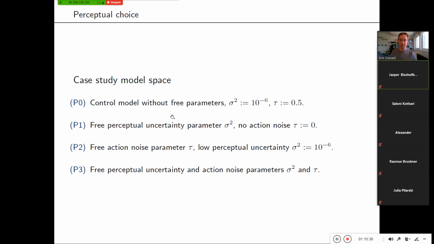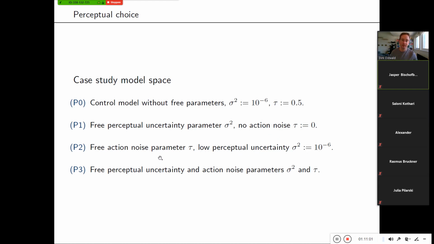It just behaves randomly. Then we have one model where this perception uncertainty parameter, so this tuning parameter of these neurons in V1, if you want, is the free parameter, but there's no action noise, so that parameter is 0. So we have one free parameter. Then the other way around, we have a very low perception uncertainty.